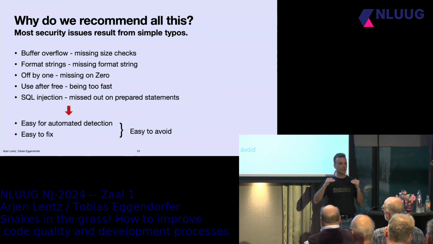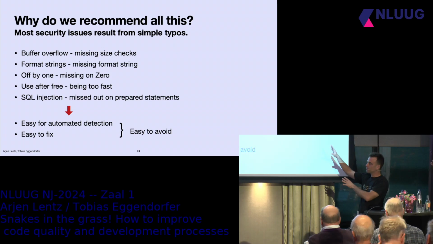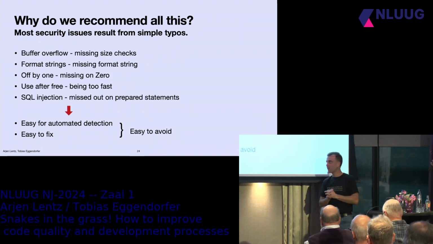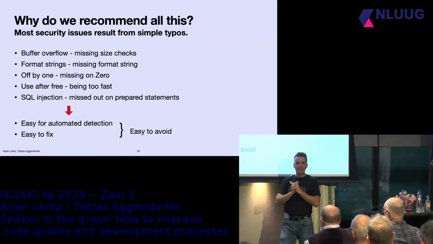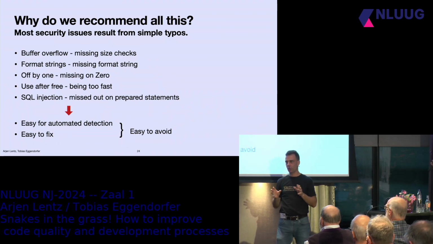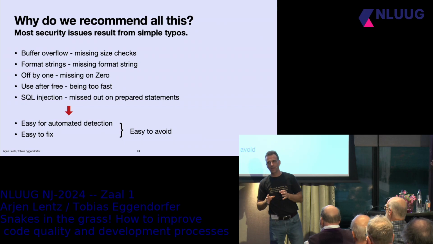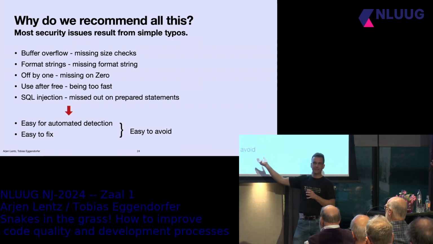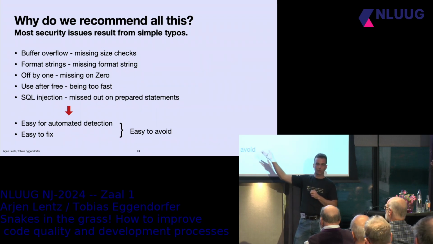So leaving the C code for a moment. And that works for lots of things. All of them are easy to detect automatically. We do not need a human to read the code most of the time. So if we integrate automated tests in our development cycle, we can fix them, we get rid of them, and we get more secure software.